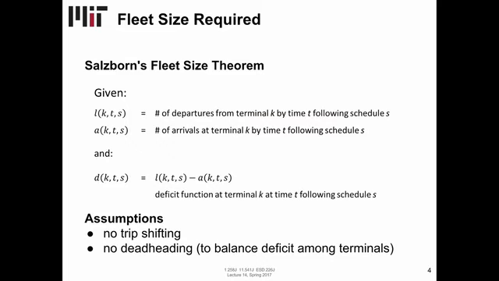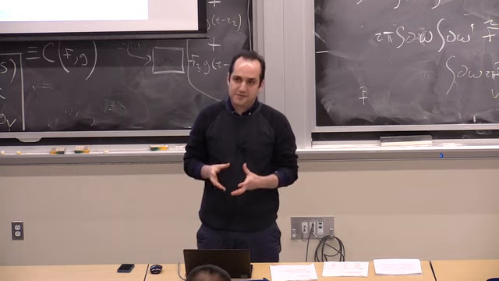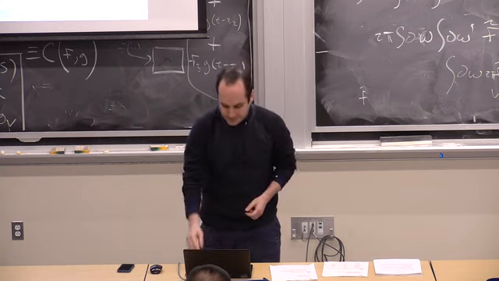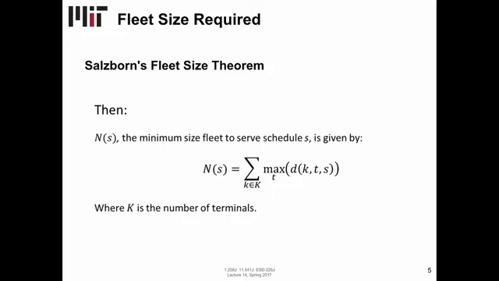Then we define a function which is the difference between the two. It's the deficit function, which is the cumulative departures minus cumulative arrivals. We use this deficit function to estimate what's required to deliver the service.